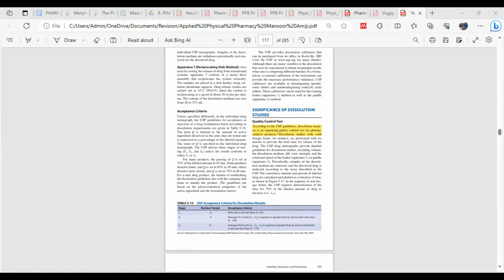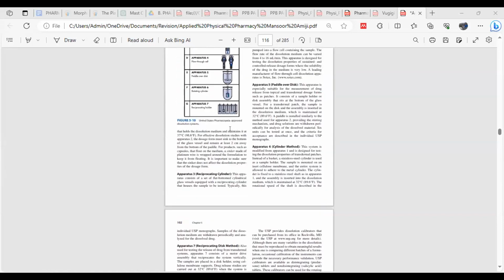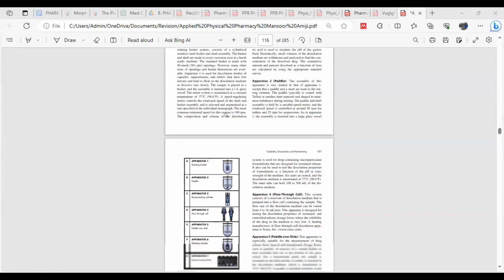It's an important QC test for pharmaceutical products, just to ensure there is compliance with the USP guidelines. And most of these dissolution tests come with a monograph, so I don't think we have to cram the process going on in these different apparatus.